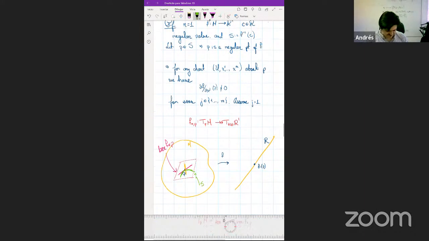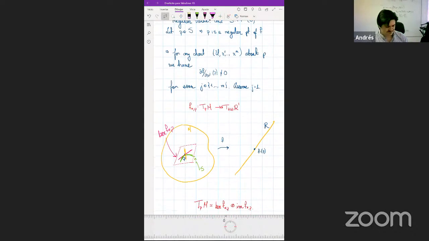Okay? So you know this from linear algebra. So basically the tangent space is the tangent space to the submanifold S. Okay, so let's continue to get the chart that we want. Right?